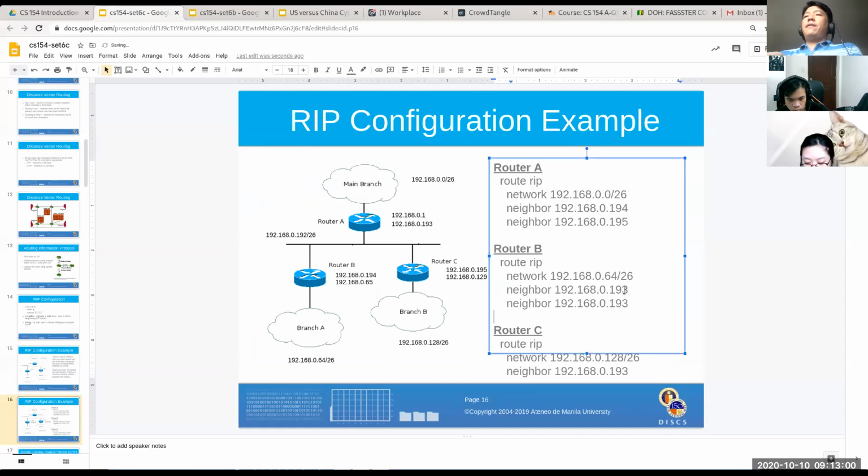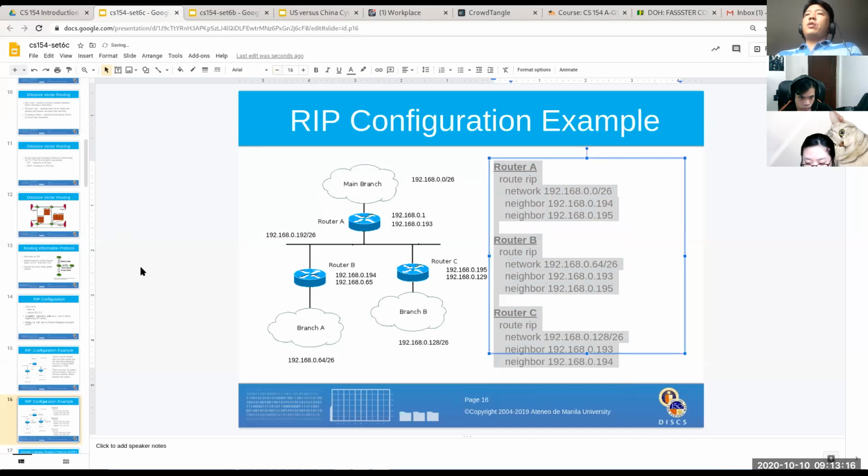So 195. That's possible as well because this is connected to both of these. And for this one, I can also add 194 here. Right, so those are options you have for your routing table.